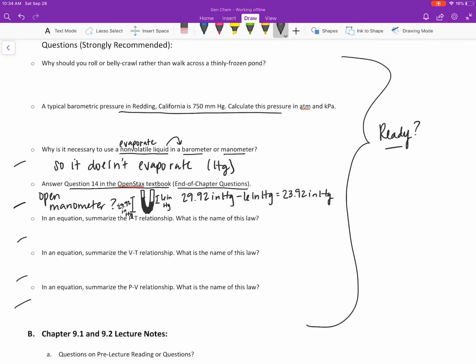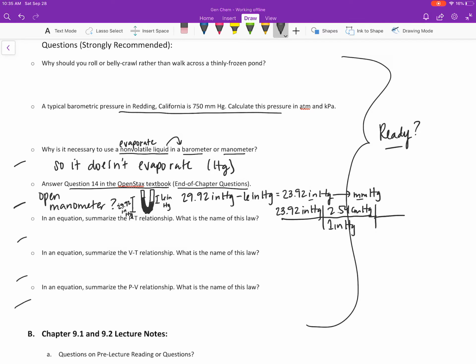And then the question asks you to convert that to millimeters of mercury. In order to do that, we're really converting between the English system of inches and the metric system of millimeters, because the mercury is irrelevant. We're just measuring how much mercury is in the tube. So I'm going to set the train tracks up and then let y'all compute, but it'll help you with your Sapling.